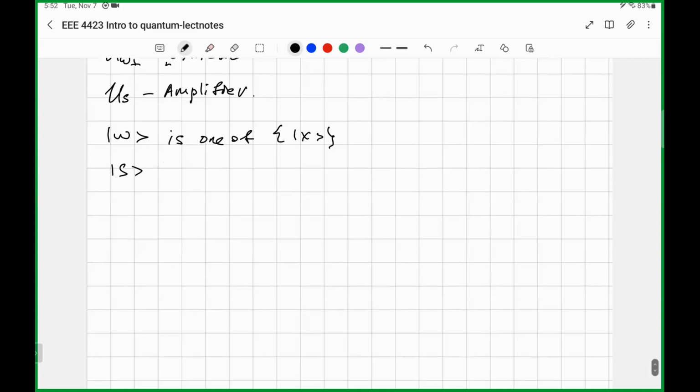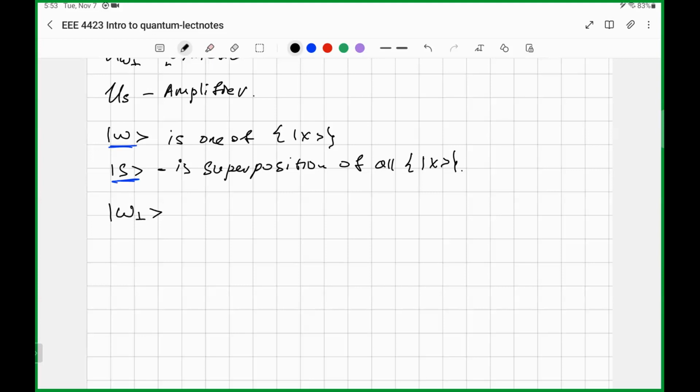So if we subtract the state omega from the state S, we will get exactly the state omega orthogonal.